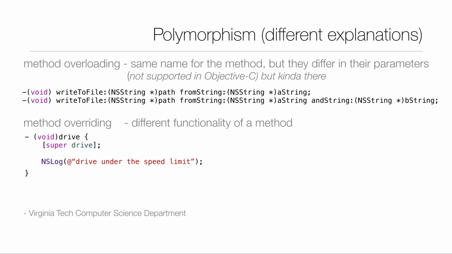So write to file, and then you'd pass in a string for the parameter path, and then you would pass in a string for the parameter a string. So you could also have another function that says write file to path from string and string, and then you would have to pass in path a string, b string. You'd have to pass in different strings for all three of those parameters.